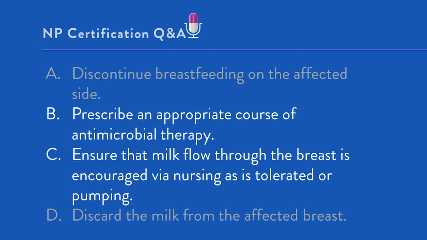As mentioned, the majority of infections associated with mastitis are caused by Staph aureus, which can be MRSA or MSSA, or select Streptococcus species. Primary regimens for outpatient treatment, which is where most of this will be done, include dicloxacillin or cephalexin, diclox being a penicillin, stable in the presence of beta-lactamase, or cephalexin, a cephalosporin that will be stable in the presence of beta-lactamase if MRSA is not present and it's suspected MSSA infection.